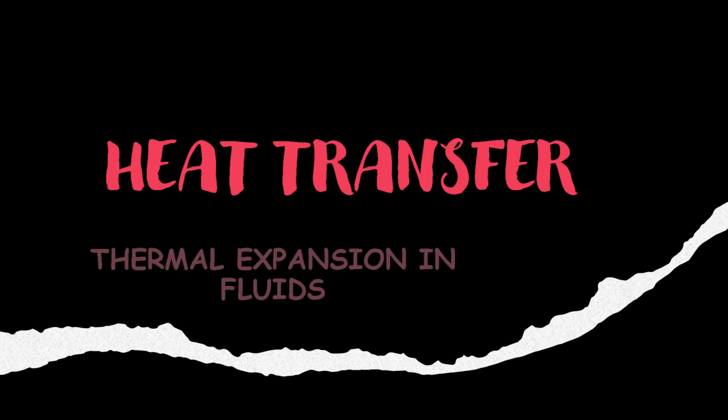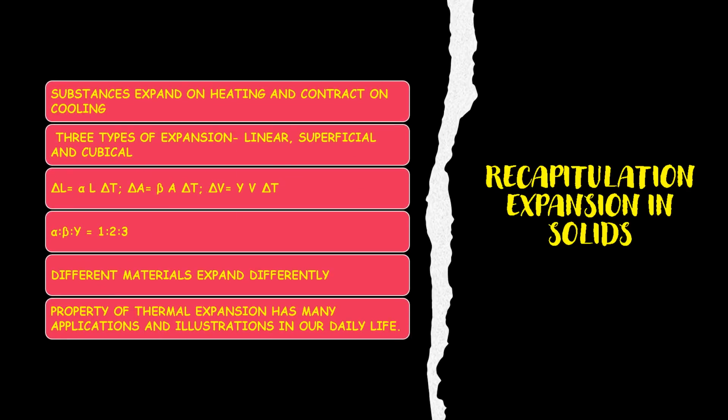Good morning, children. Today we will study thermal expansion in fluids. Fluids means liquids and gases. You have been taught about expansion in solids so far, and you observed three types of expansion: linear expansion, superficial expansion, and cubical expansion.